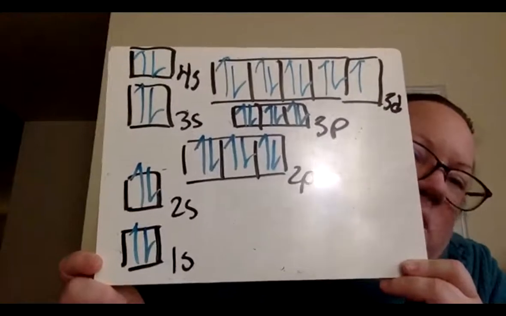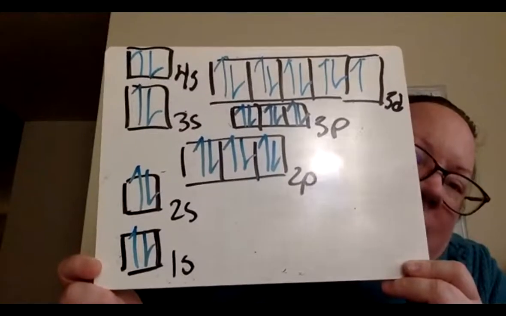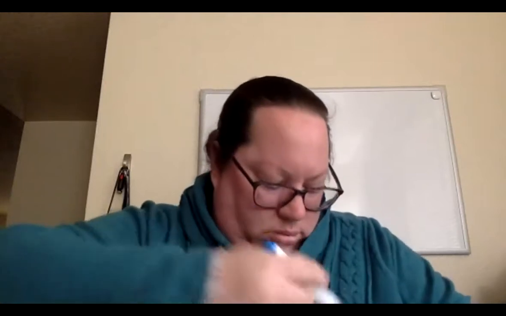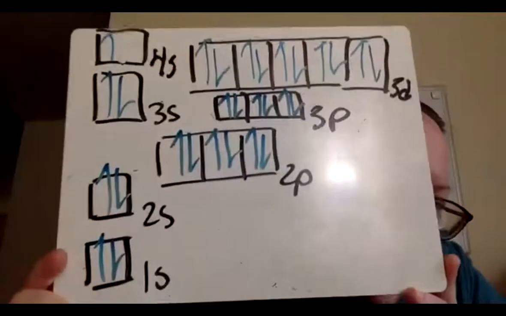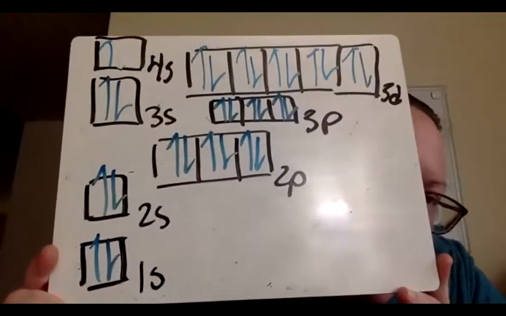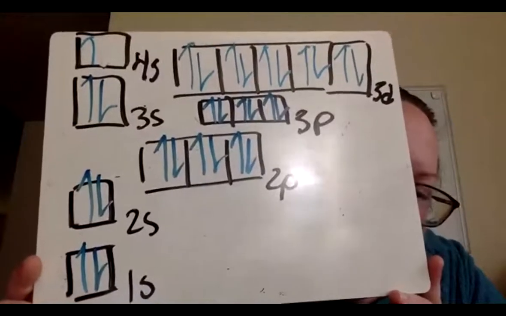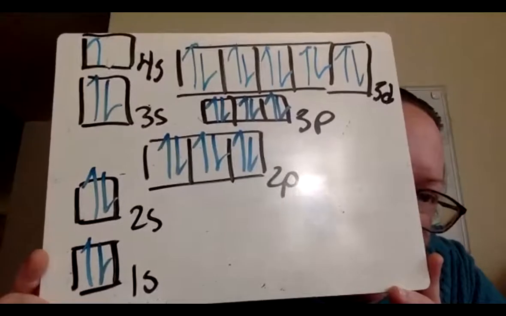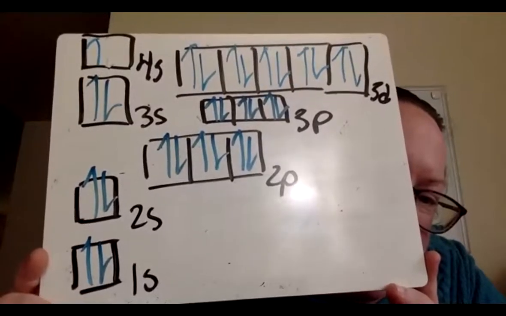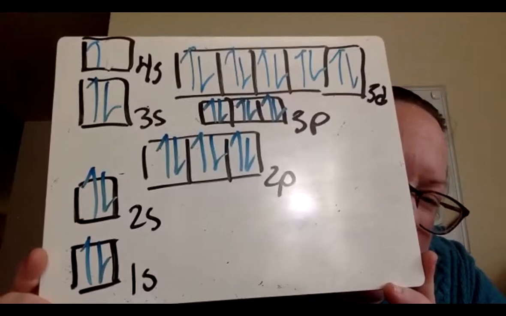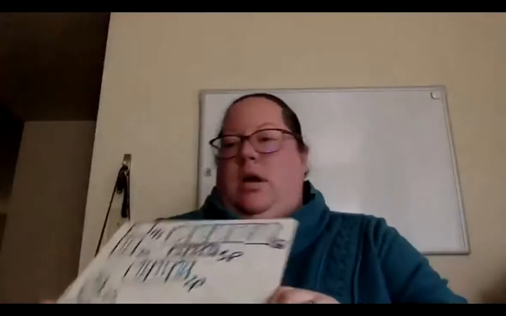But it's more stable if, instead of having that s filled, we move the electron from the 4s over to the 3d. So now it's 3d10, where the d orbitals are completely filled and the s orbital is only partially filled. Does that help, Amber? Yes. Okay, cool. All right, other questions?